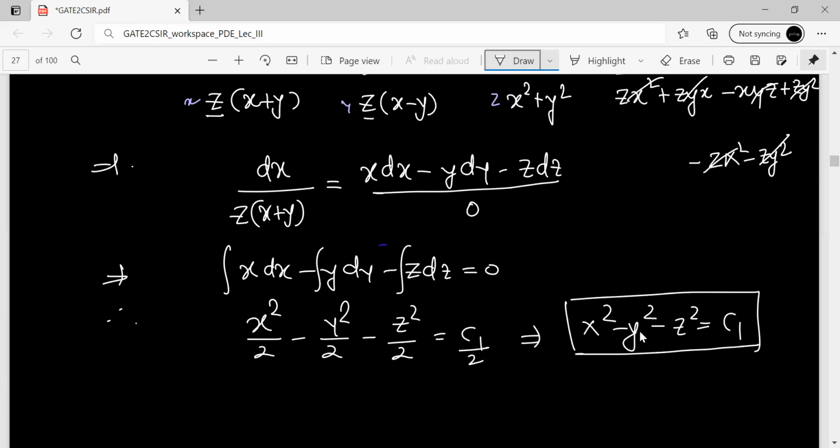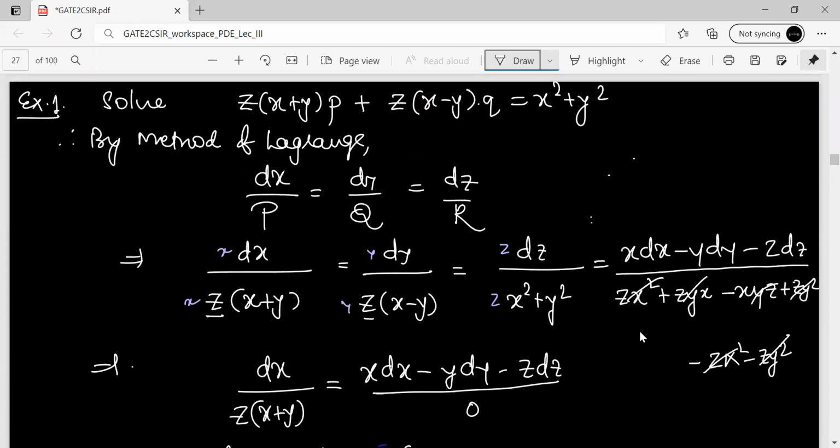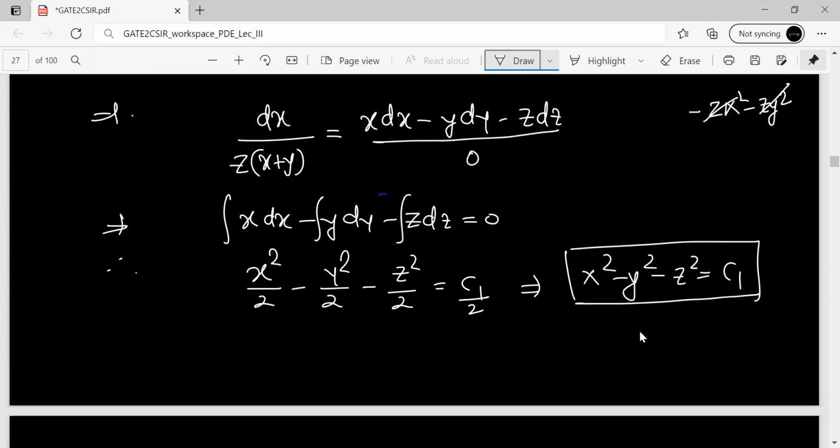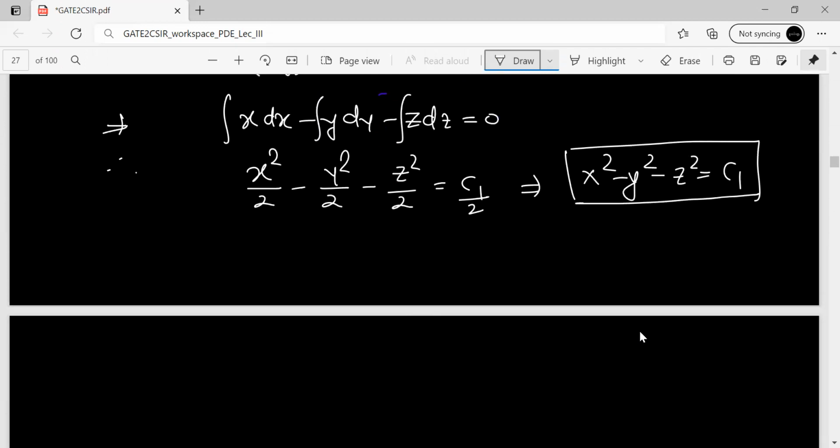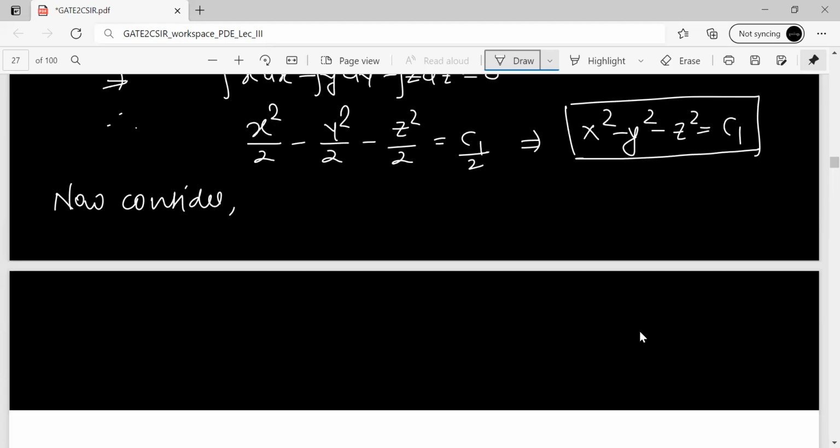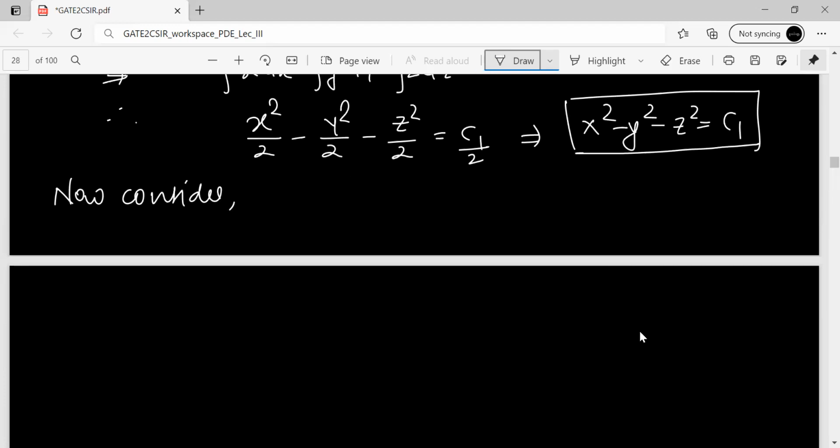One function I got. Now I need to find out another one. So I need to choose again these function multiples, but they should be different from this one, because I'll get the same function then. Okay. So now again consider the three pairs and try to think of some different scalar functions in fact.